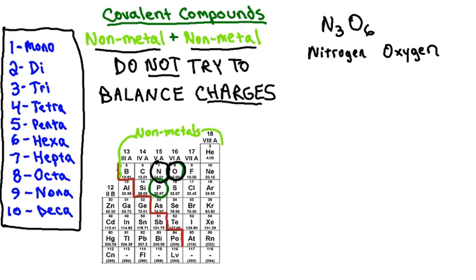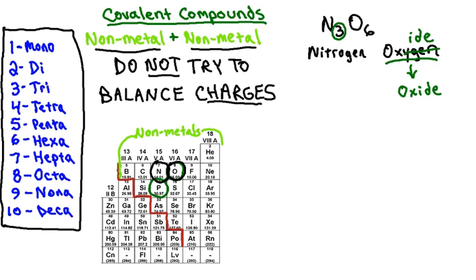So now we're going to take the second word in the compound, which in this case is oxygen, and we're going to cut off the end of that word and replace it with ide, I-D-E. So now we have oxide. Then we're going to look at how many atoms there are of each element. So the nitrogen has 3 atoms.